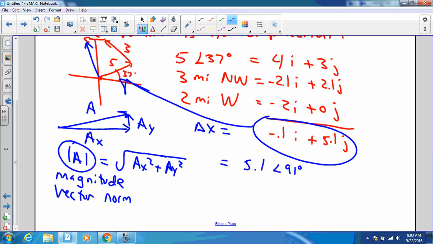I want to take a look now at two problems that are given. Maybe one problem is given. It's number 56 in the book on page 76. I'm going to take a minute to upload this problem.